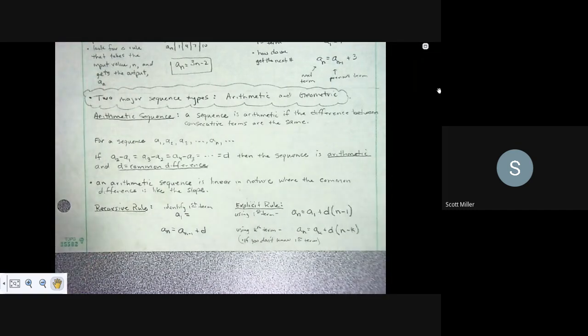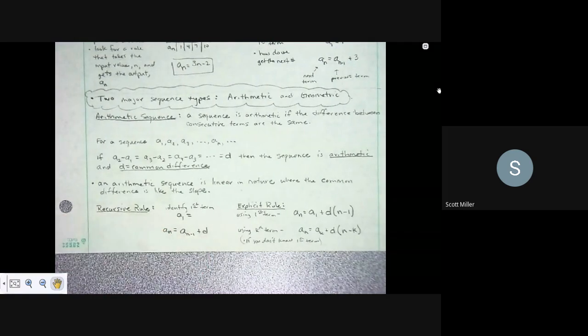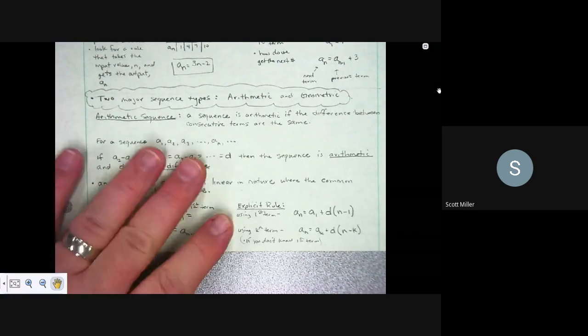But if I take any term in the sequence, then this a sub k is any term in the sequence, and k is its position. See, a sub 1 is in the first position. A sub k is in the k position. So that's the modification to the rule, and it will give you the exact same answer each time. That is arithmetic.